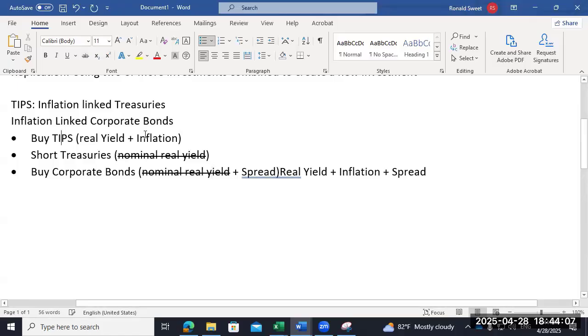So when you buy the TIPS, you get the real yield plus inflation. When you short the Treasuries, you're shorting the nominal yield. When you buy the corporates, you're buying the nominal yield. You're getting the spread. So when you combine them, the nominal yield goes away.